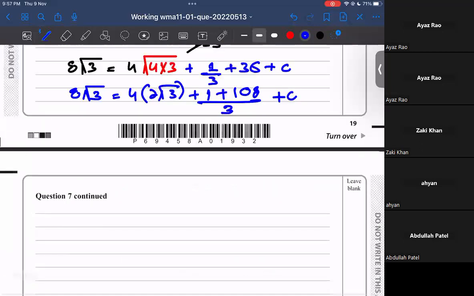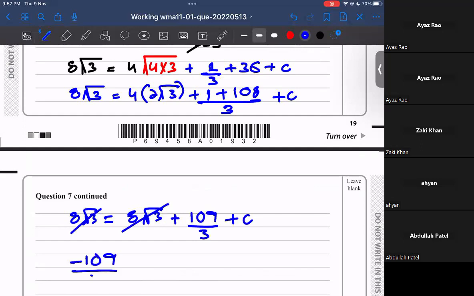Here I took the LCM of the terms which were numbers, where there was no root, and combined them. I got 8/3, 4 2s are 8/3, this has become 109 upon 3. 8/3, if you cancel it, becomes 0. Minus 109 upon 3 is the value of c.